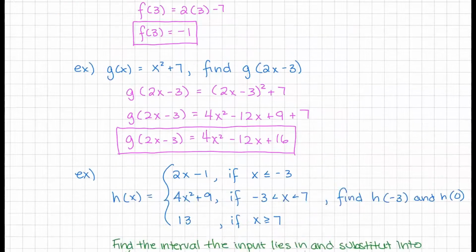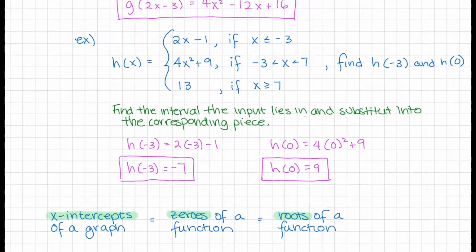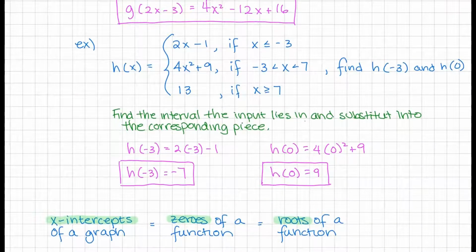If you have a piecewise function that you're going to evaluate, then it's actually still really easy. So we have this one piecewise function. Let's say I want to evaluate h of -3. Well, what you do is find the interval that the input lies in and substitute into the corresponding piece.